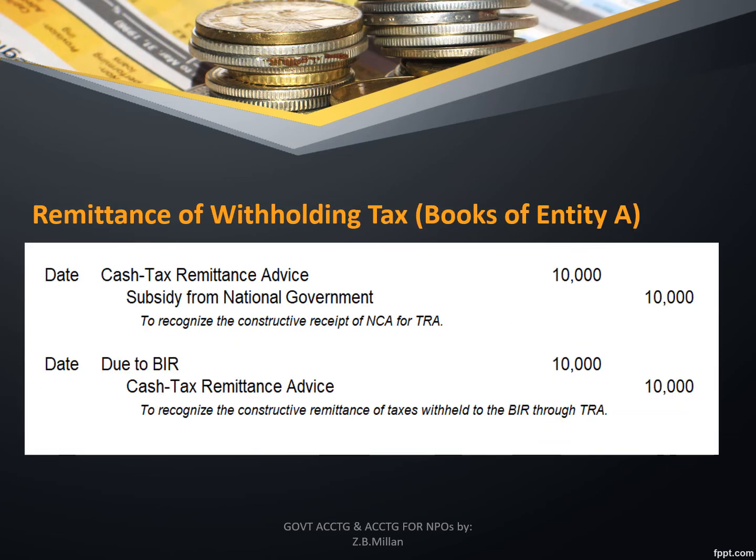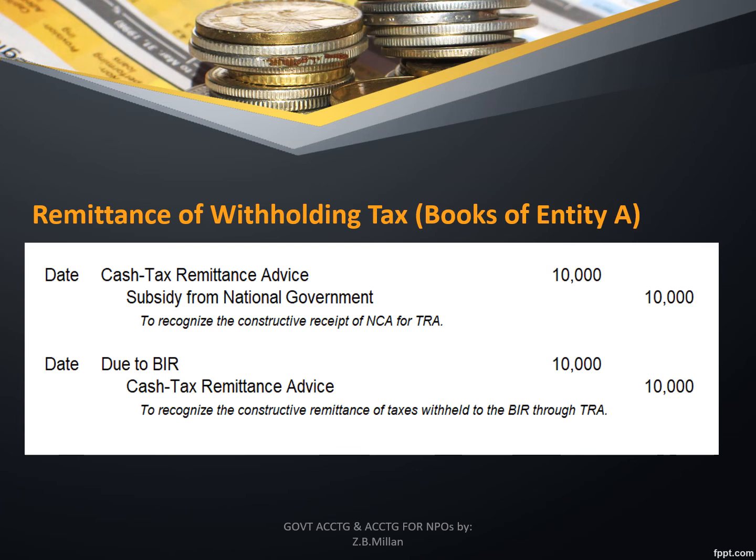So how do government agencies or entities remit their withholding taxes? The remittance of withholding taxes is through what we call the tax remittance advice, which is used to recognize the constructive remittance of tax ng government agencies.